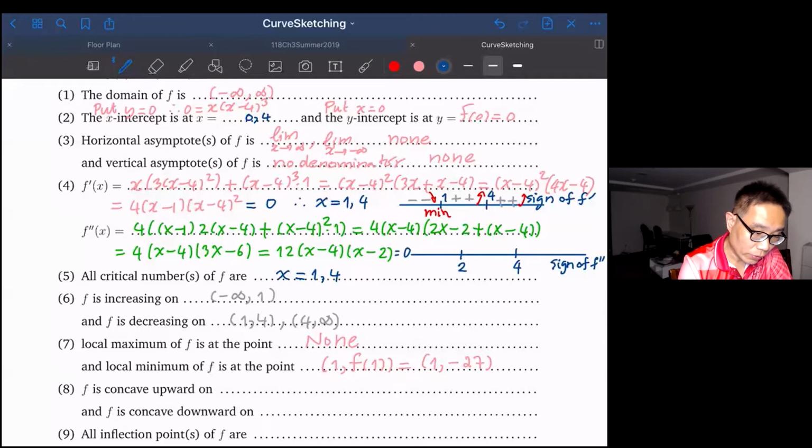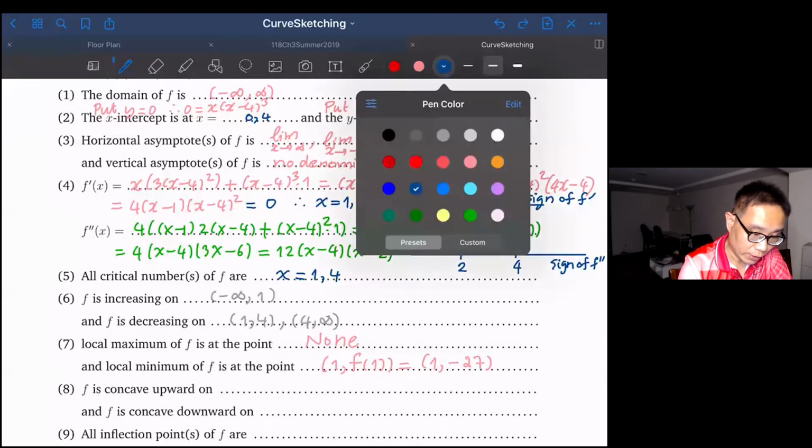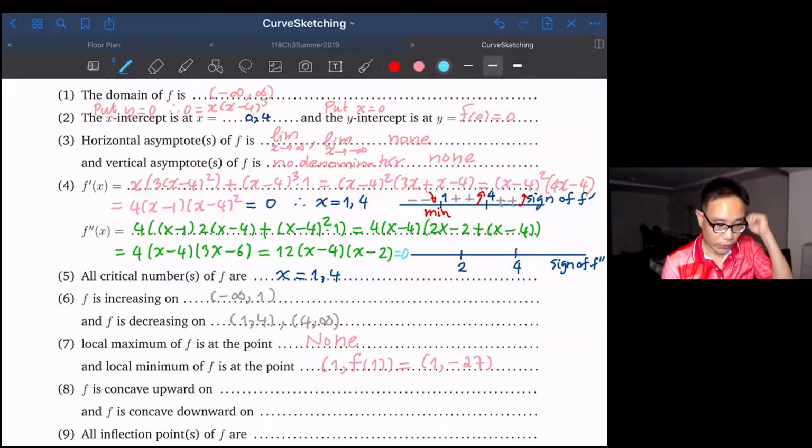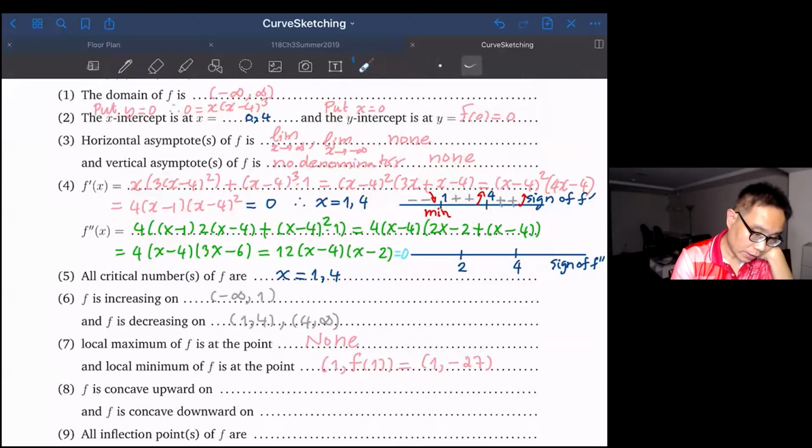Let me use another color to not confuse you. So you get x equal to 2 and x equal to 4. You're going to plug in something more than 4, so it's going to be 5 and 5. You see that it's going to be positive in this interval.